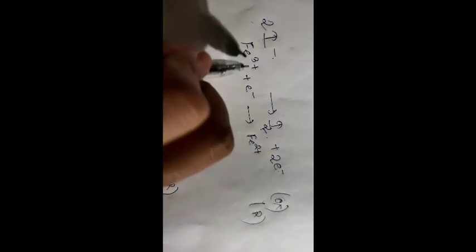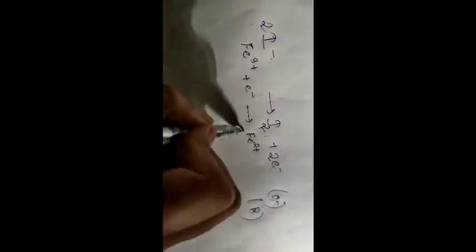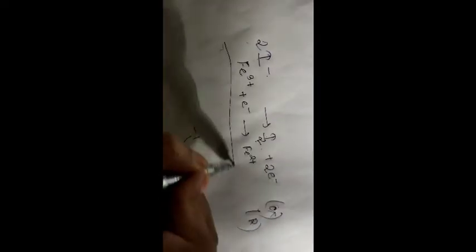And how many electrons does it require? Only -1 is required, means only 1 electron. So it will require 1 electron in order that Fe3 plus is converted to Fe2 plus, ferric to ferrous.